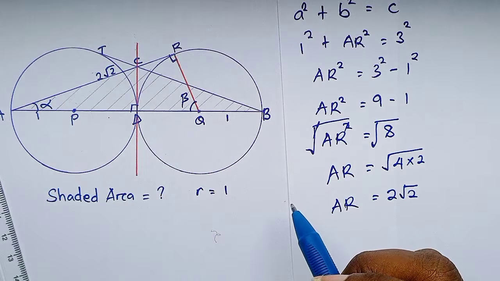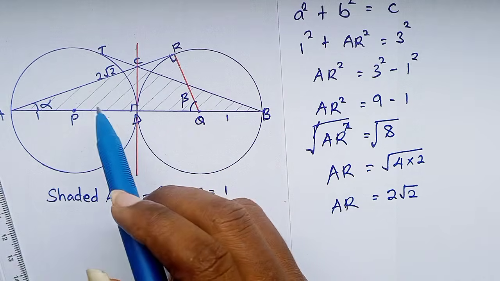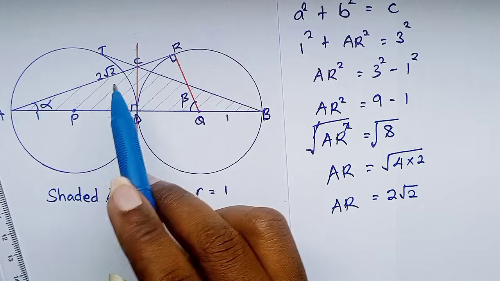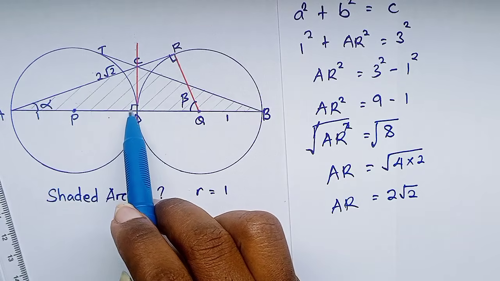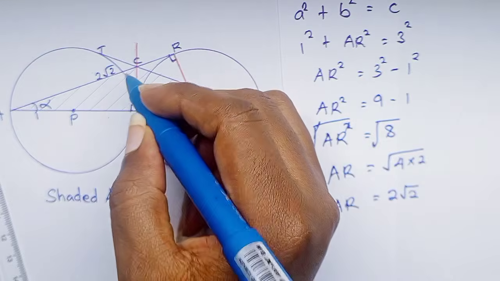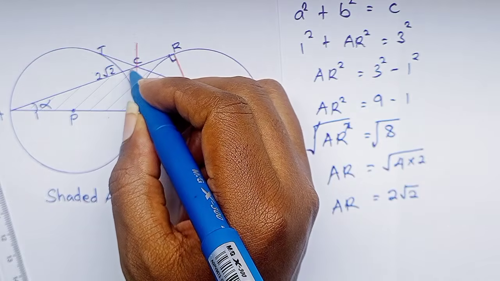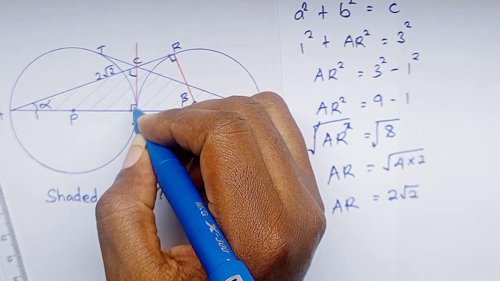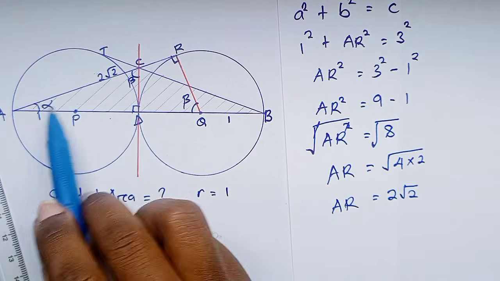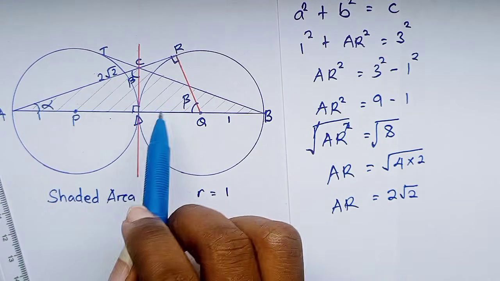Now if we shift our focus to triangle ADC, we can see that this is 90 degrees and this angle is alpha. So that implies that this angle here will be beta because the complement of alpha is beta, as we've established before.